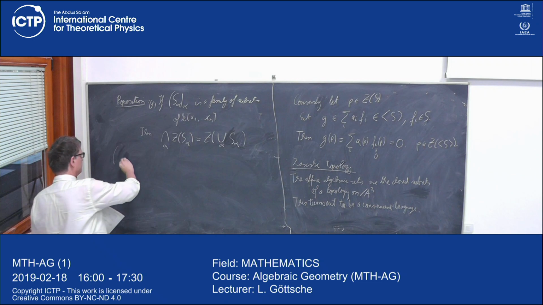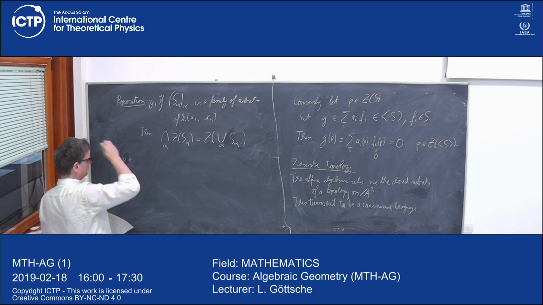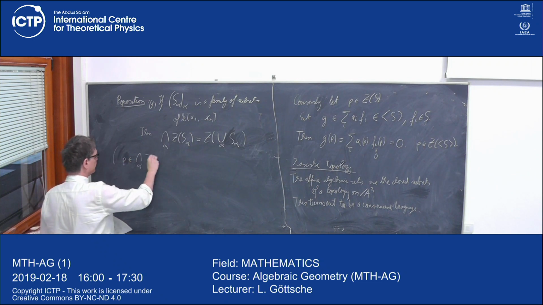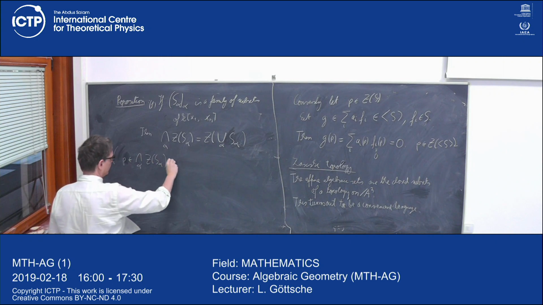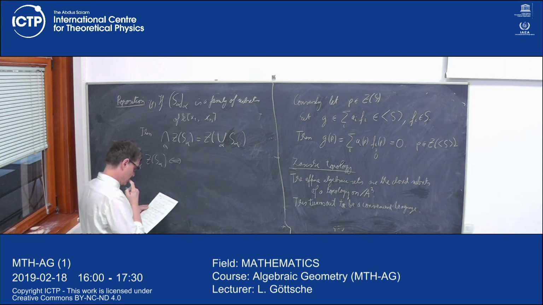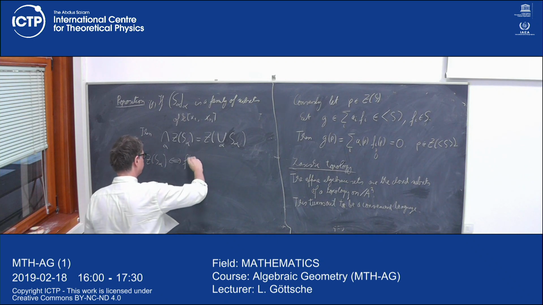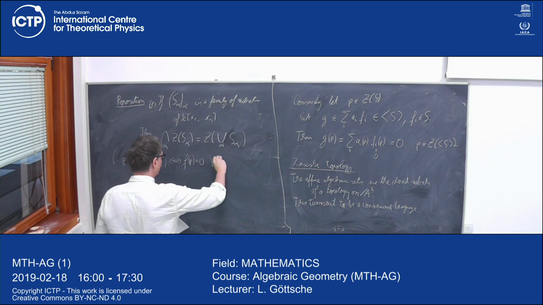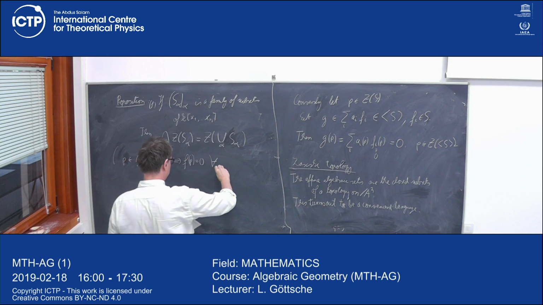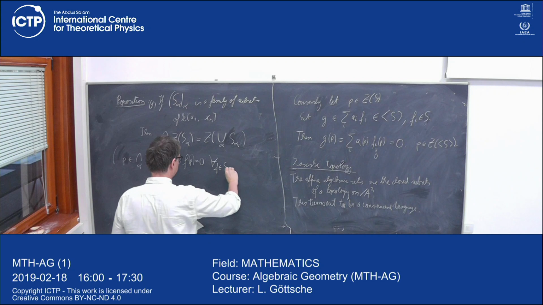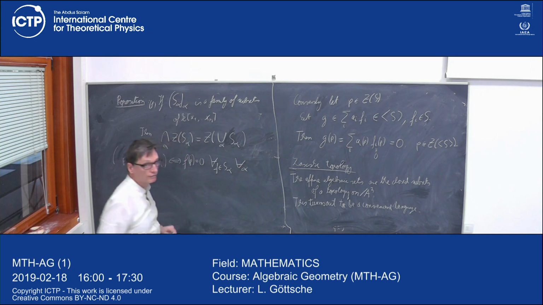Well, p is an element in this intersection over all alpha of the zero set of S_alpha if and only if, by definition, we have that f(p) is equal to 0 for all f in S_alpha for all alpha. That's what it says.